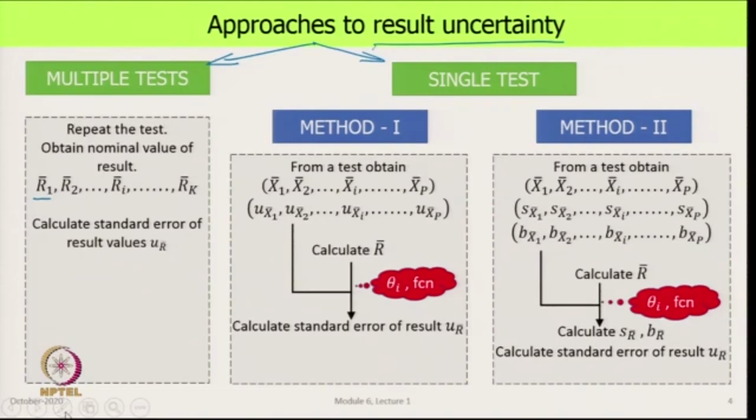Then we go back, do the experiment exactly the same way again and calculate the result, that is R 2 bar, the mean value of the result from the second experiment. And like that we continue as many times as we want. So, k here is the number of times we do the experiment.